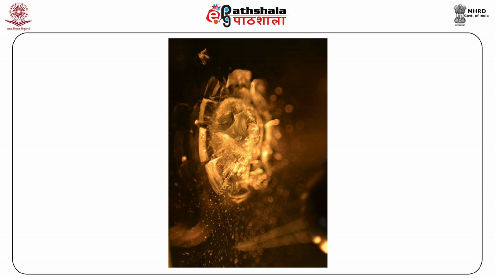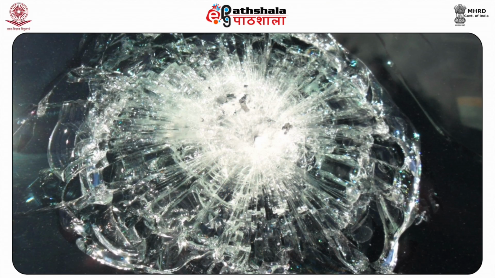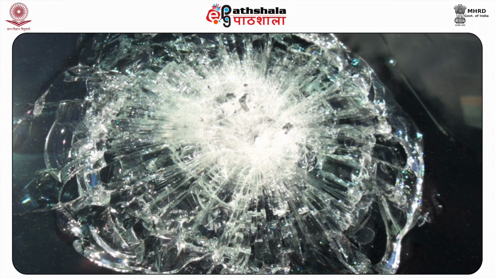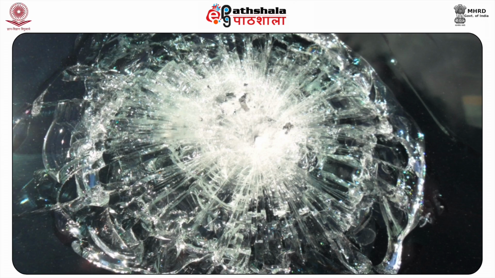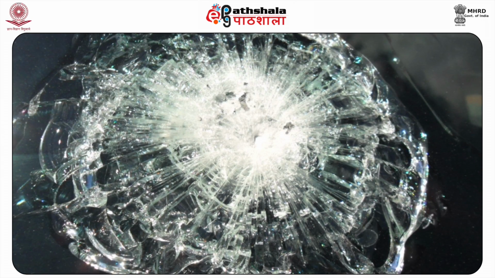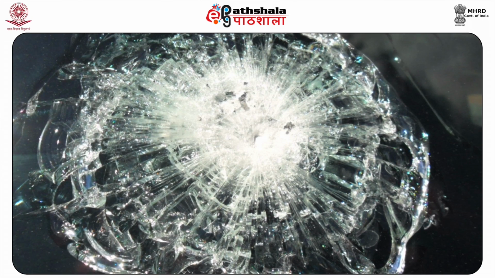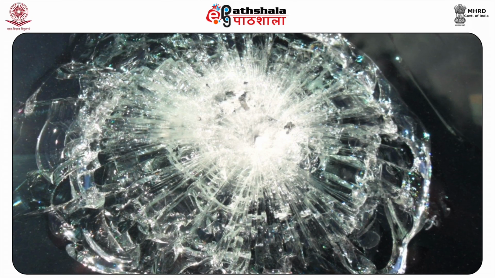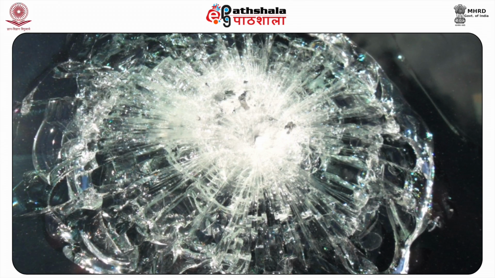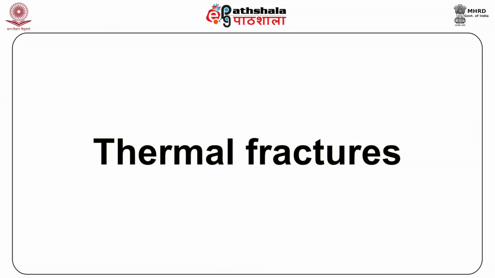Projectiles that pass through the glass at an angle to the surface produce an elongated hole. Radial cracks may also develop from high velocity impact. The sequence of multiple impacts can be deduced when the cracks caused by a subsequent impact terminate at previously formed cracks. Thermal fractures.